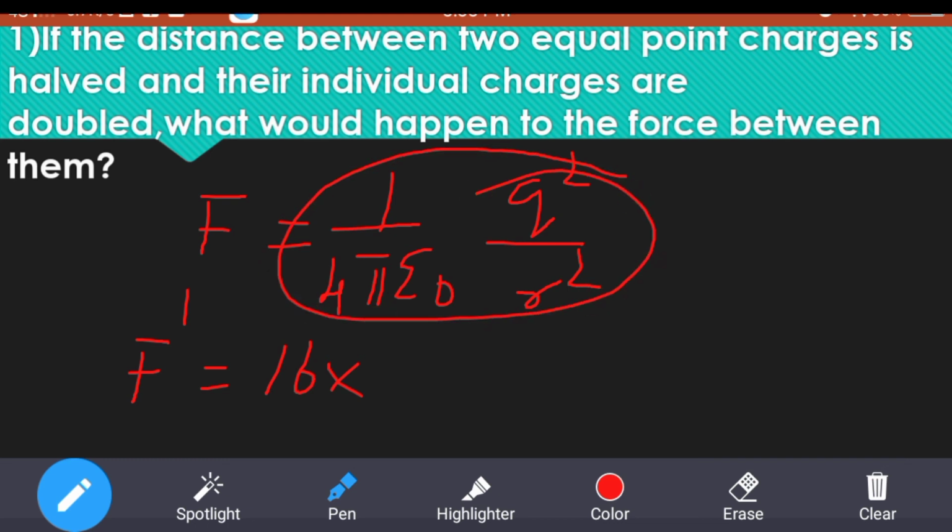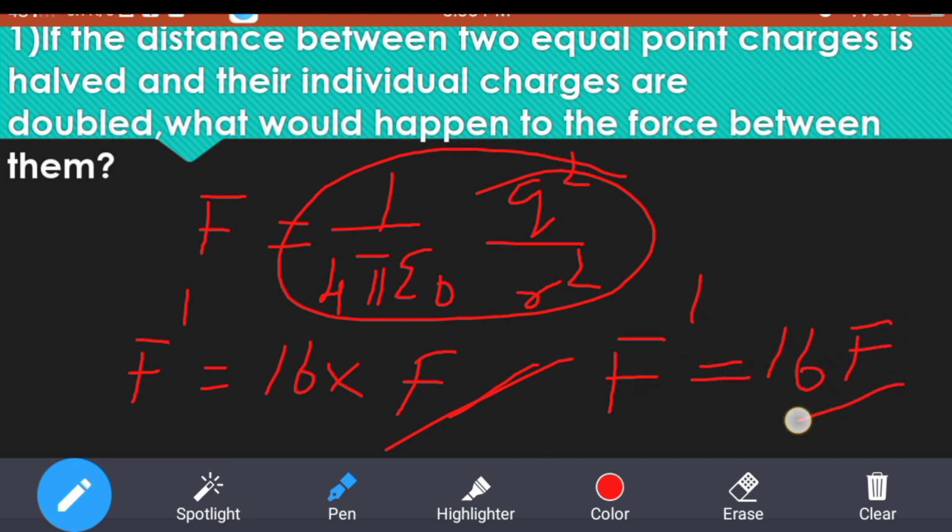So the new force will be 16 F. Now we are clear that the force becomes 16 times the original force when the distance between two equal point charges is halved and their individual charges are doubled.